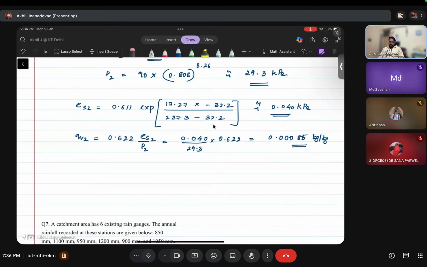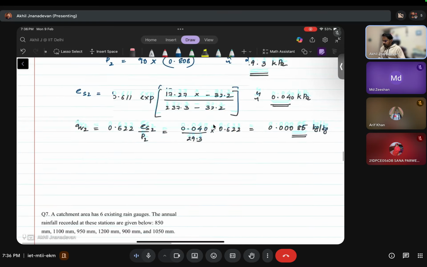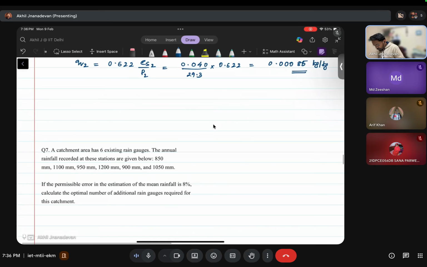So we got all the parameters we are given at one particular location, and we got them for the other location too. Now this is direct substitution.